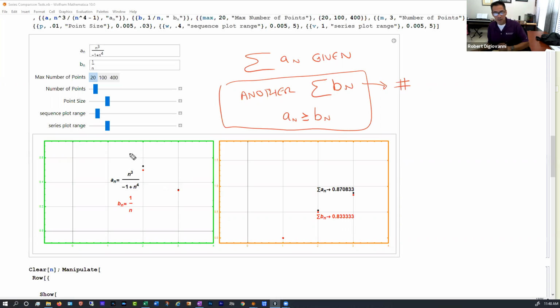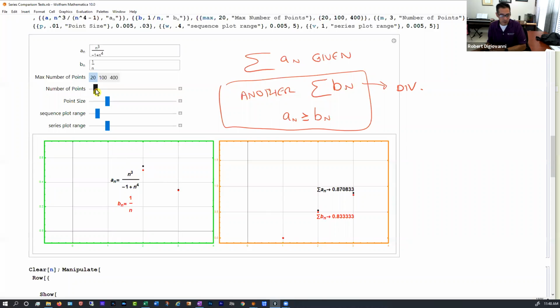So the only way this would work is if we could say that this series diverged. If this series that we compare it to diverges, and this inequality is true, it means that when I add things up, the black dots are always bigger than the red. So the sum of the black is going to be bigger than the sum of the red, but the sum of the red is going to infinity.